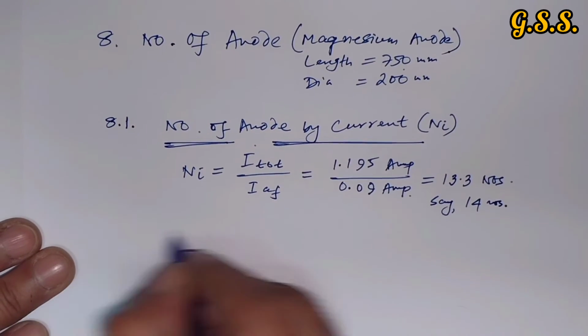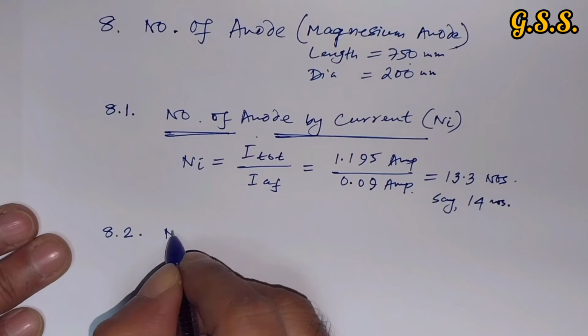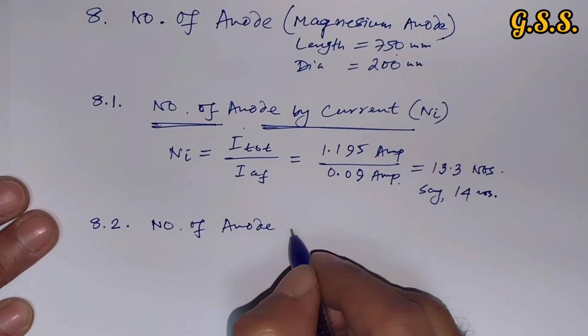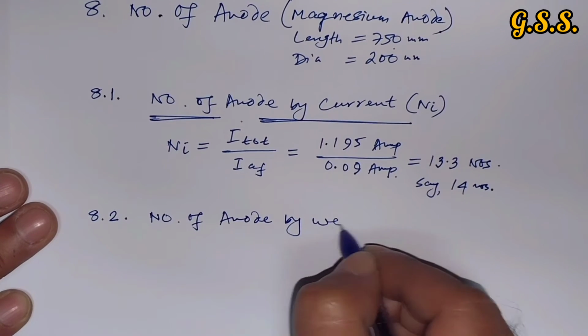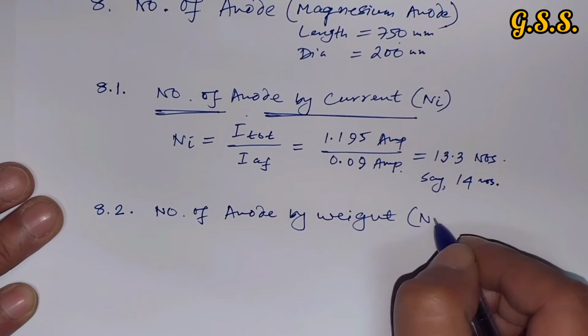Then in another method, 8.2, that is number of anodes by weight, that is NW.